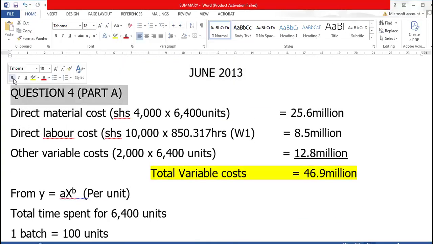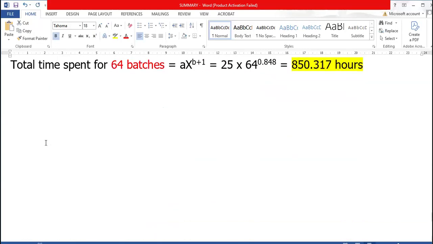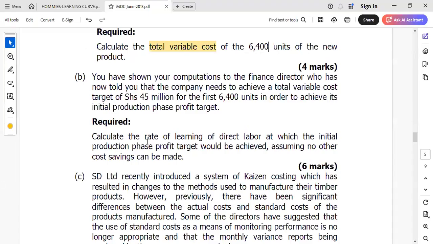What about part B of this question? What are they telling us? They are telling us you have 6 marks.